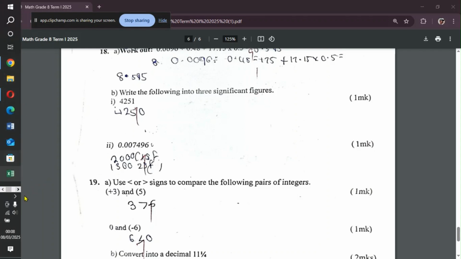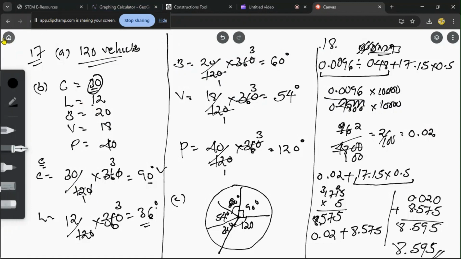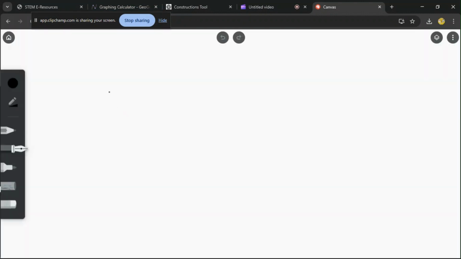Now, 4 significant figures. Writing numbers in significant figures. To open a new working space, I divide my book in that.